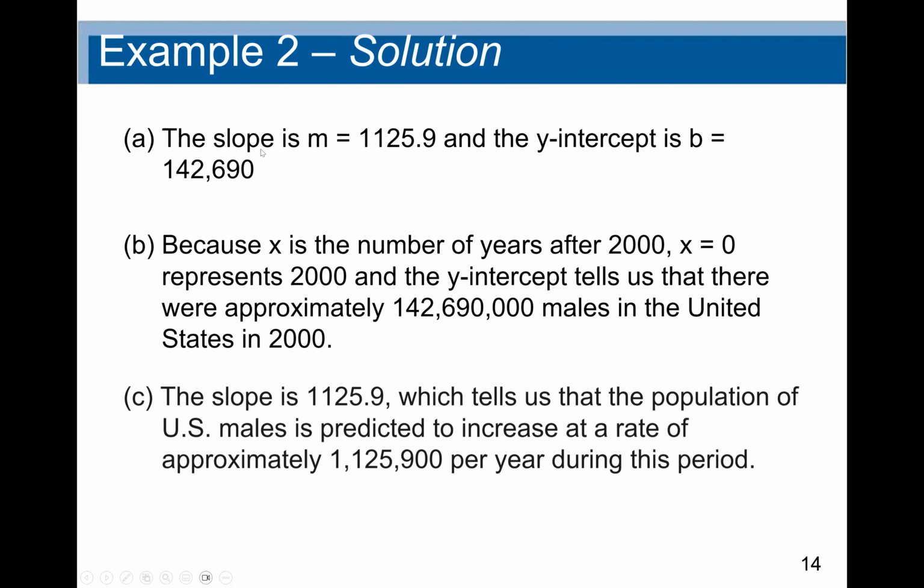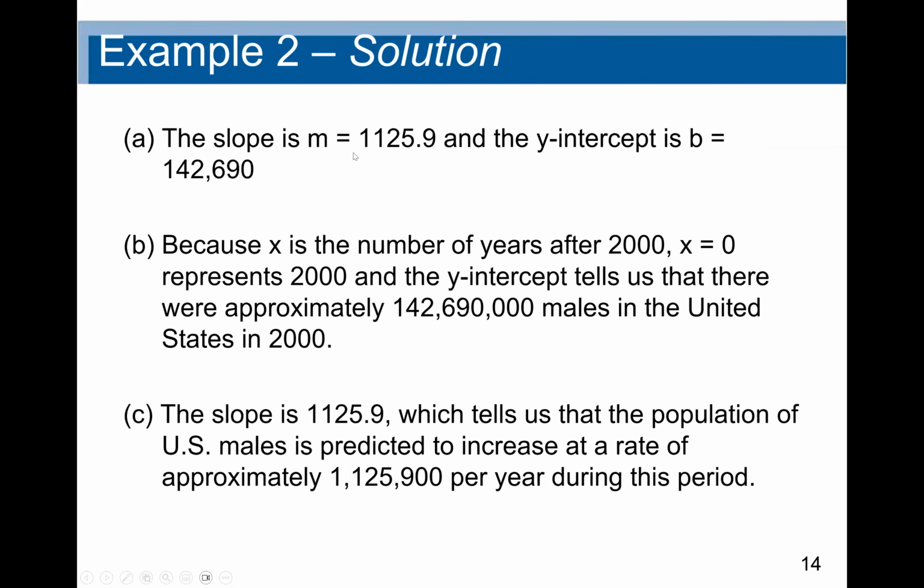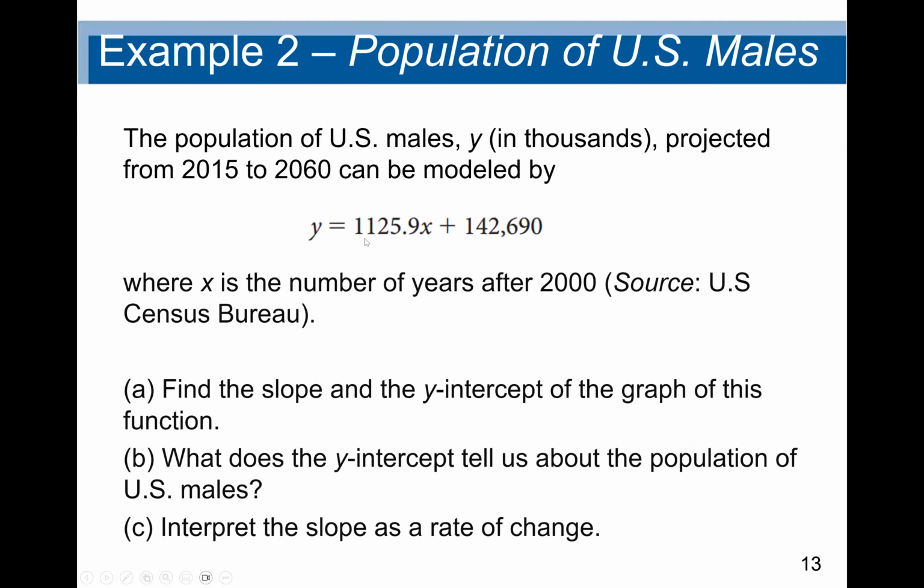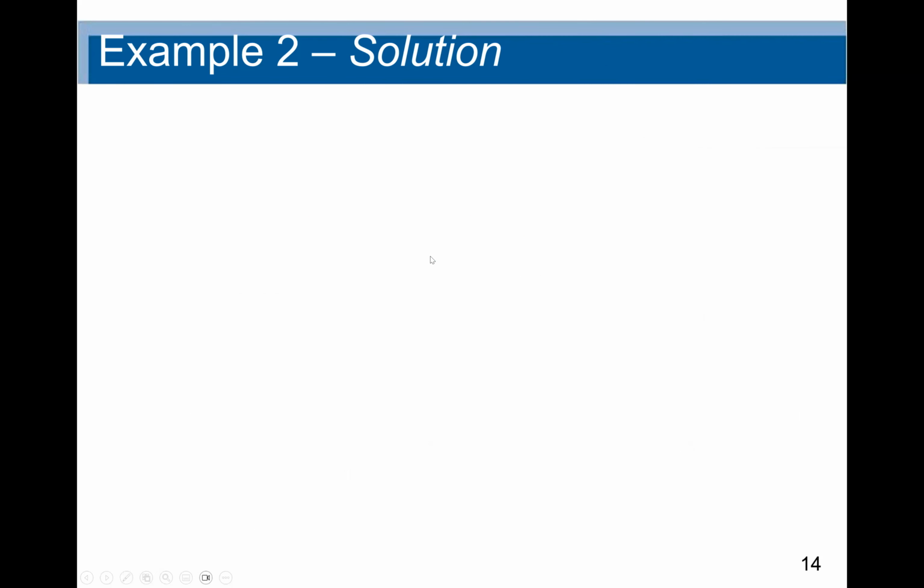Then A, we said the slope is given by the formula, because the equation given for y is 112.59x plus 142,690. So the slope is m in mx, so that will be 112.59.